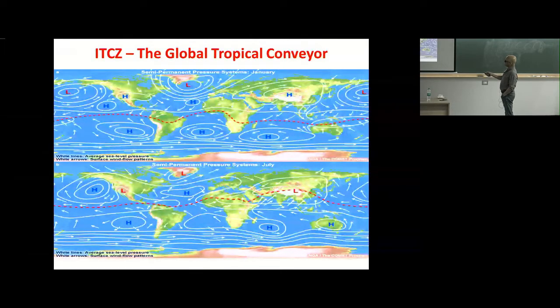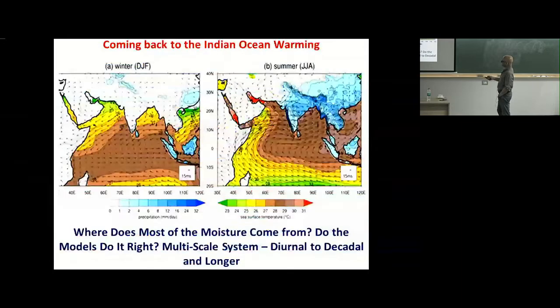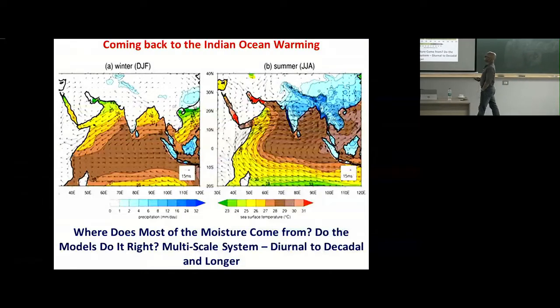ITCZ here has southeast-northeast convergence, whereas the Indian Ocean is different, and of course the southeast is very different. So you have to understand the mean circulation and the fact that land is warming and the ocean is warming. And we said because of aerosols, maybe land is not warming as fast as it should because of solar dimming and so on.